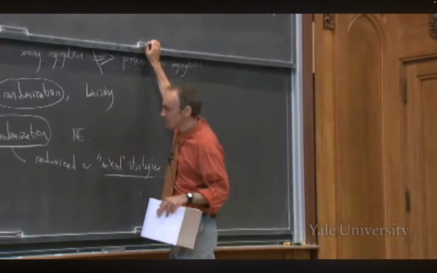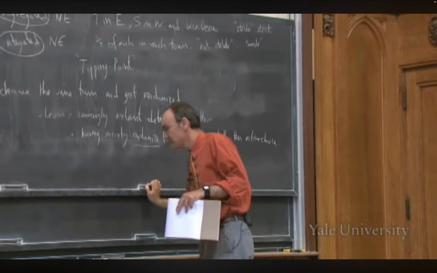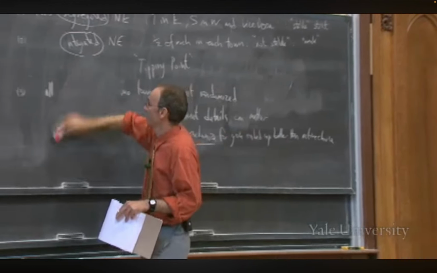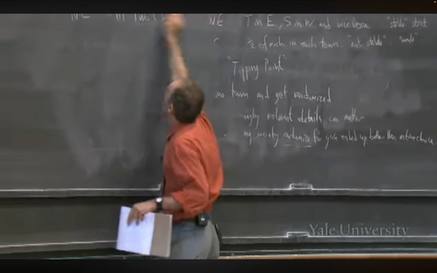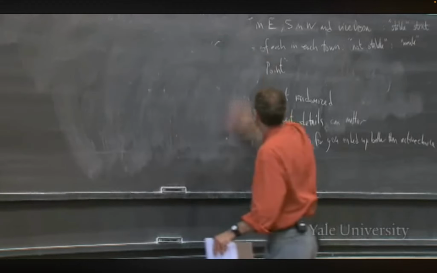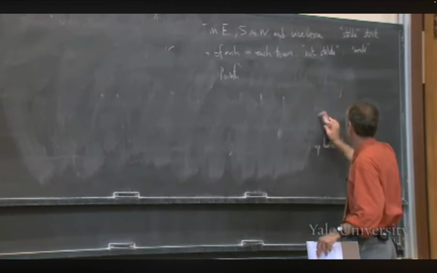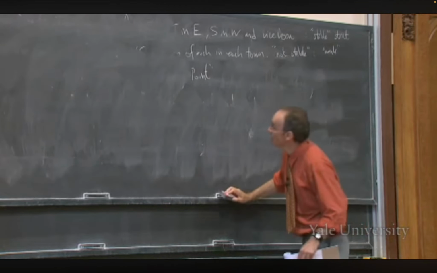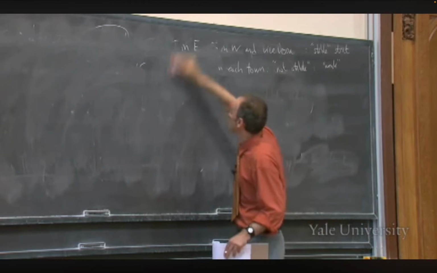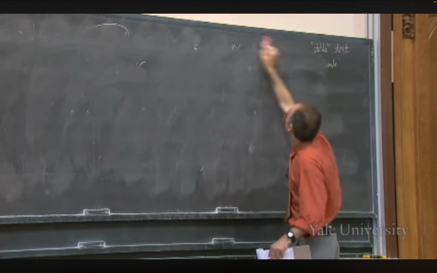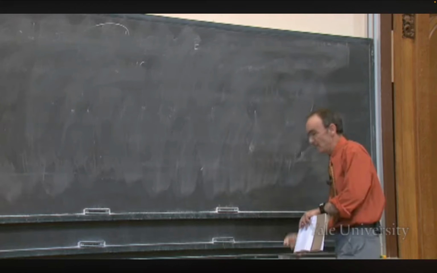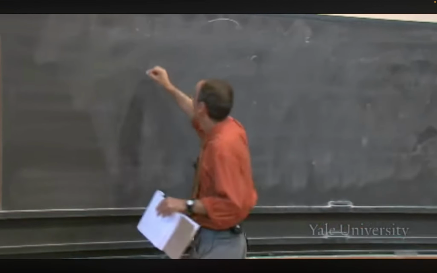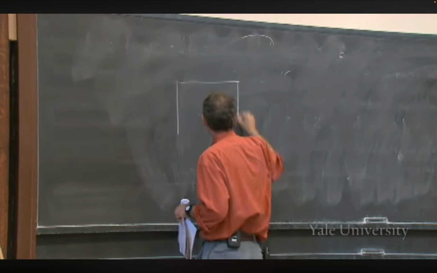So the example I want to talk about is a game that I think is familiar to a number of you. But I'll put up the payoffs and see. So the payoffs look like this.